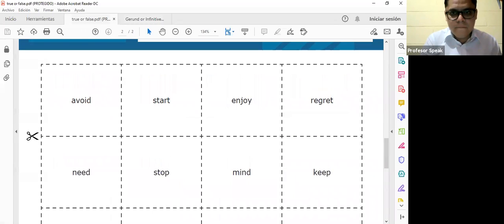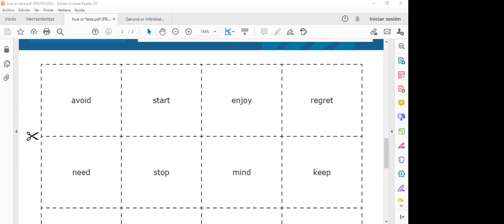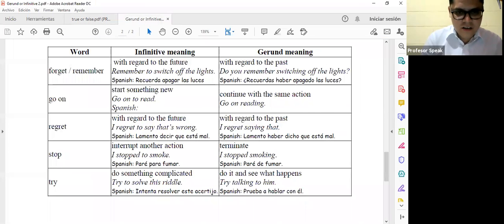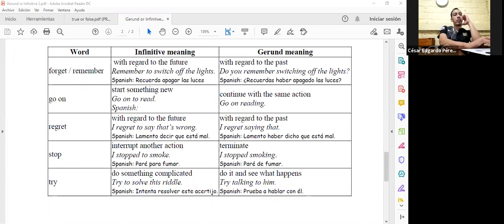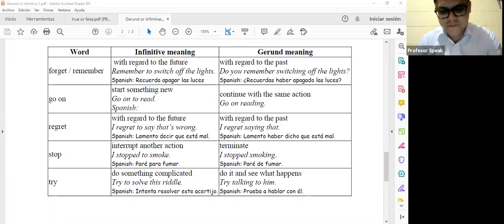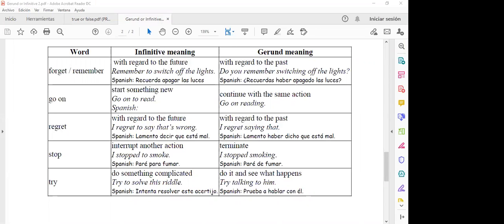Mind. Okay, mind is followed by a gerund or infinitive. I don't mind. Do you remember? So mind is followed by a gerund.